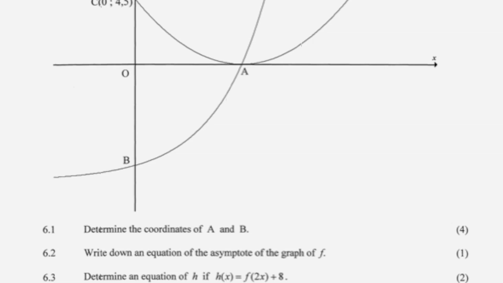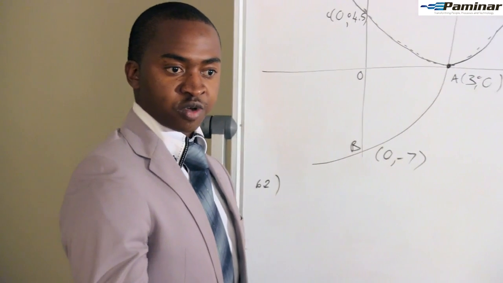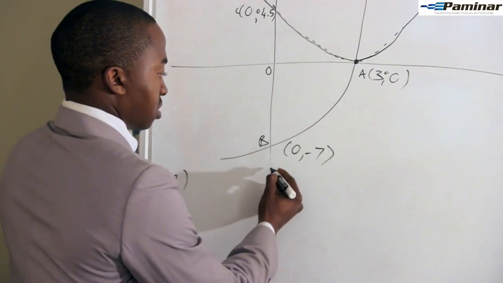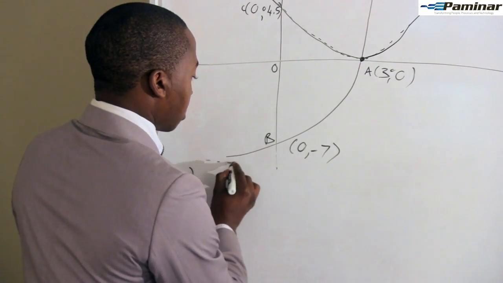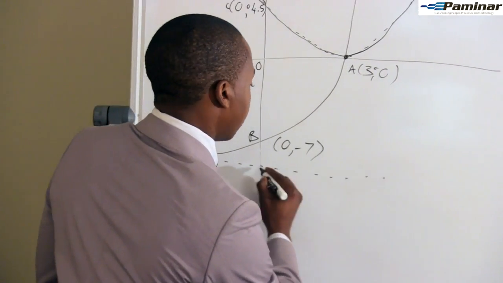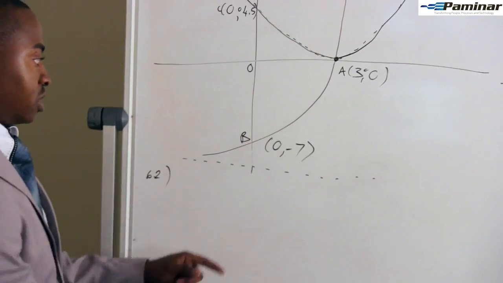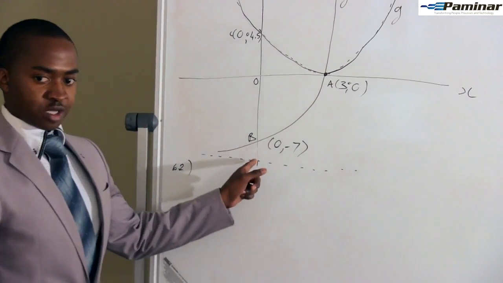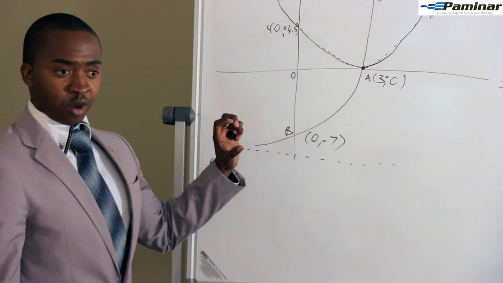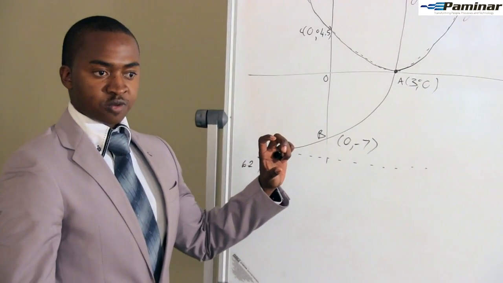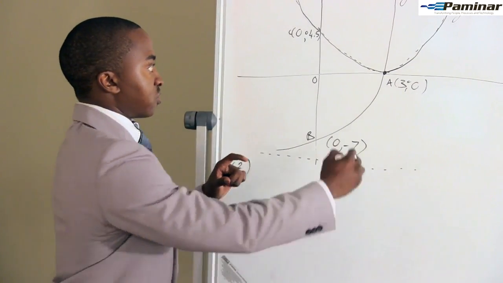What's an asymptote? We did that previously. That would be the line which the graph doesn't touch. Normally, if this point is negative 7, with exponential curves it's only a space of 1.